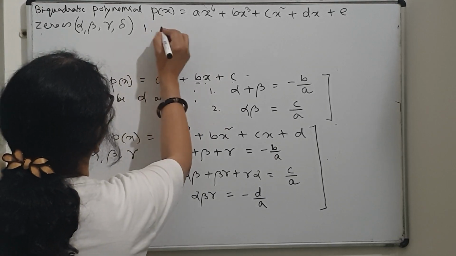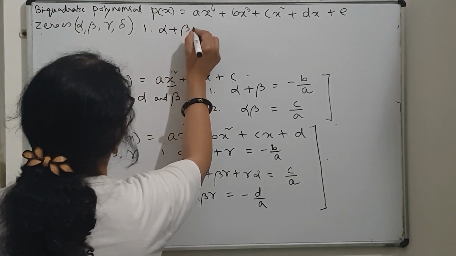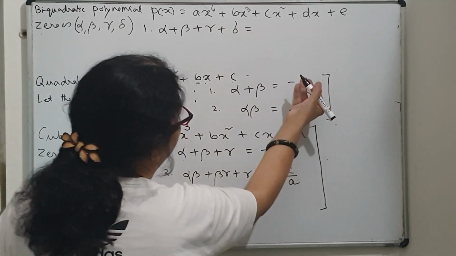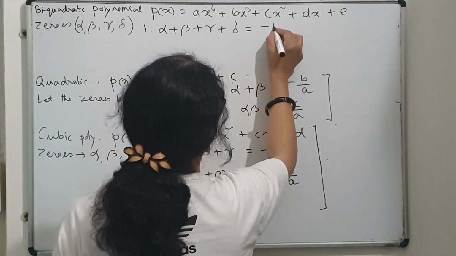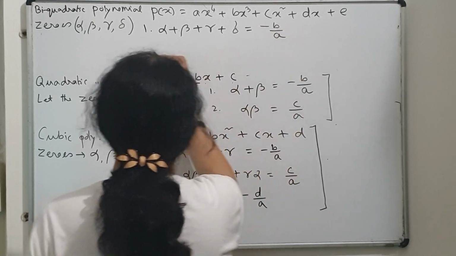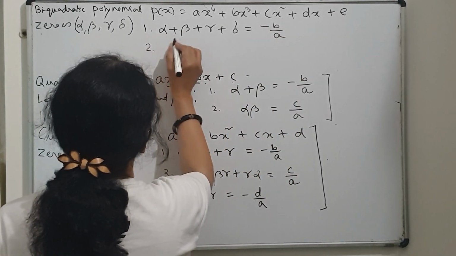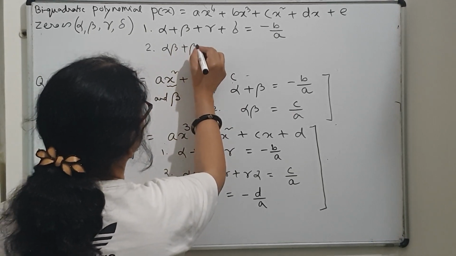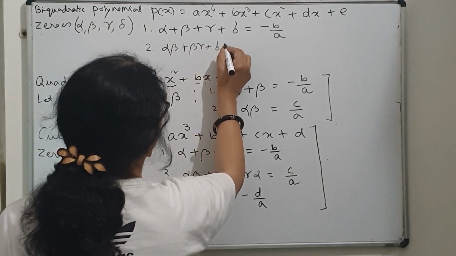First relation, the sum of the zeros taken 1 at a time, will always be minus b upon a. The second relation will be the sum of the product of the zeros taken 2 at a time.